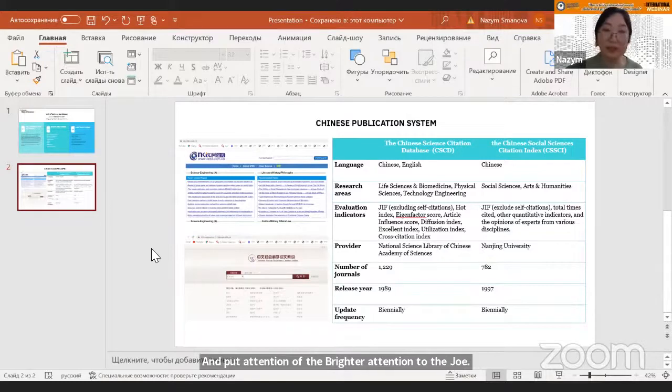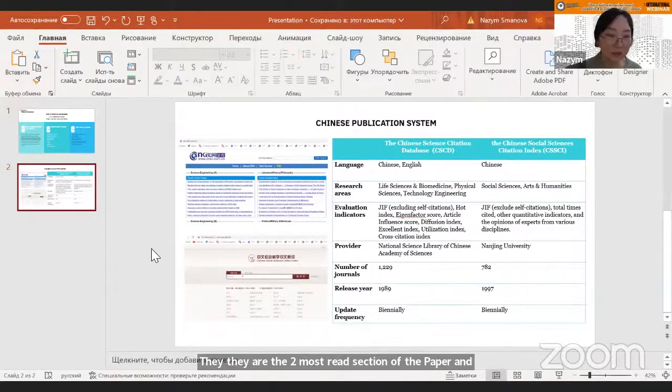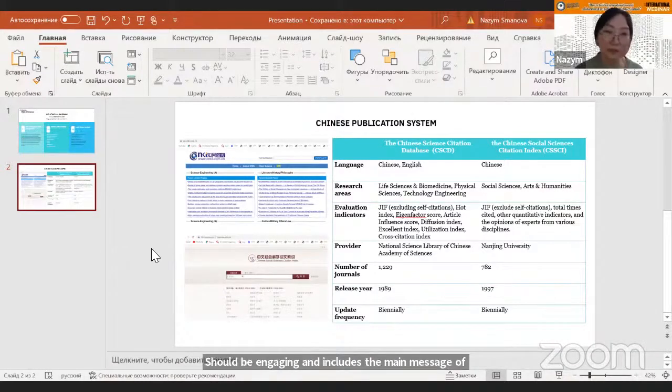And second, they should focus on the title and abstract, especially because they are the two most read sections of the paper. The title should be engaging and include the main message of the findings of the research, and the abstract should be a short summary of the whole paper, including background, methodology, findings, and conclusion.